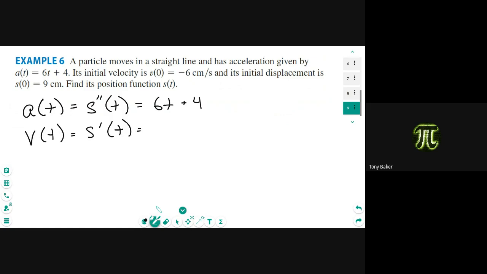So what is the antiderivative of 6t plus 4? Plus 4t plus 6.